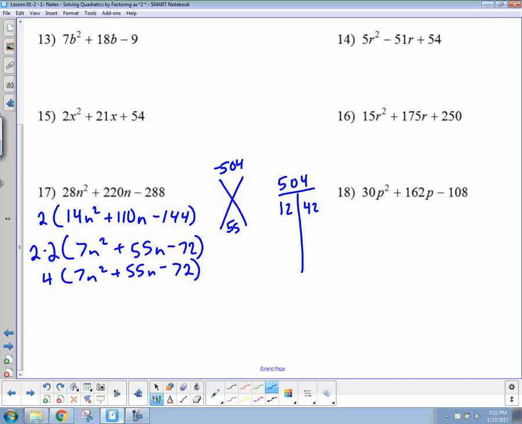14, we get 36. Remember, we need to get 55. So even if I add that, I get 50. Getting close. I hope I didn't overshoot it, to be honest. Let's try 15. I don't think 15 is going to work, guys. I'm going to try it anyway.